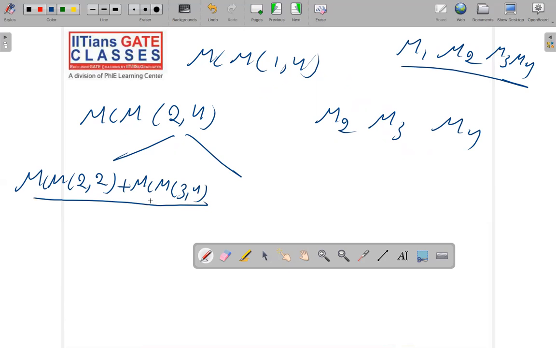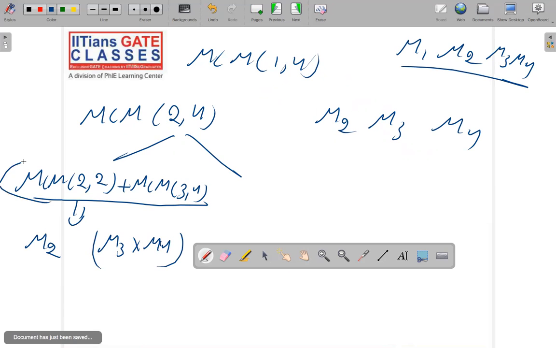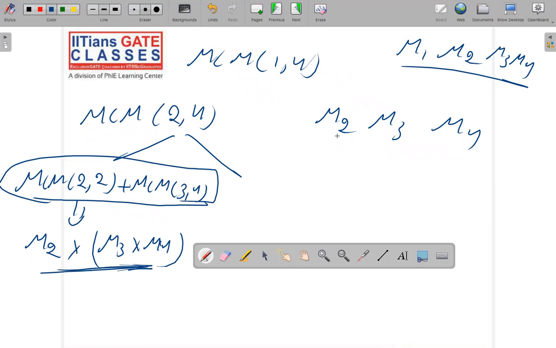This indicates M2 will be passed separately, and we will multiply M3 and M4 first.